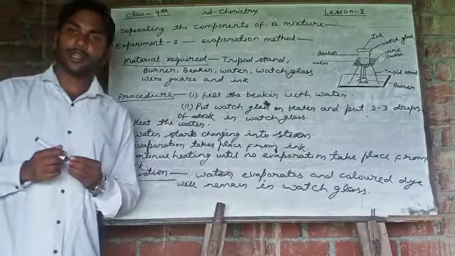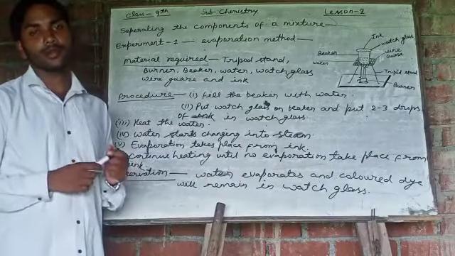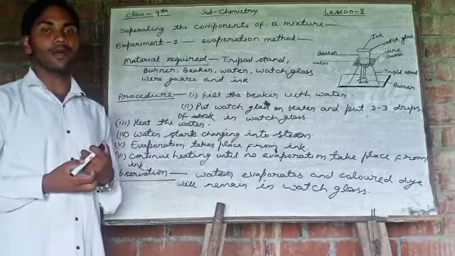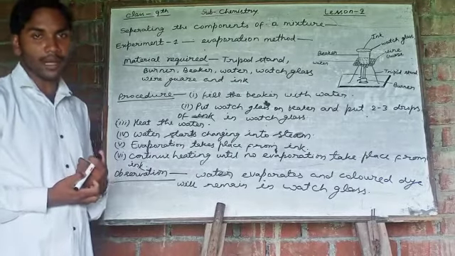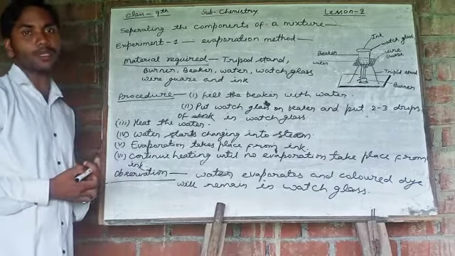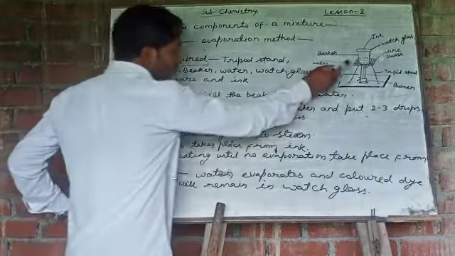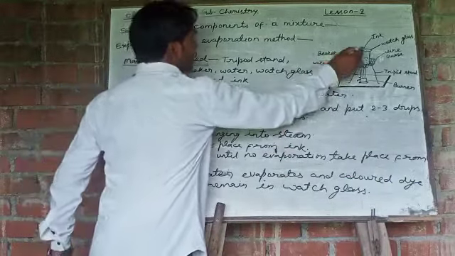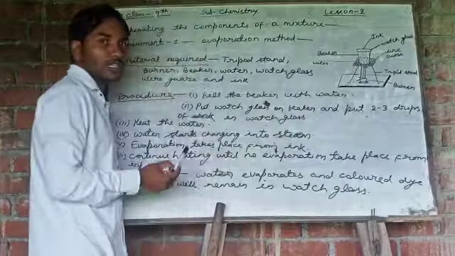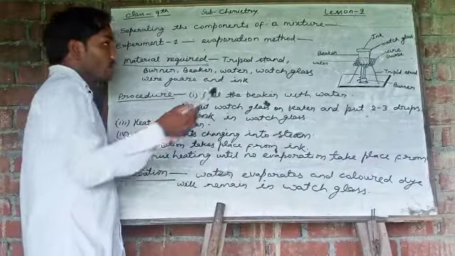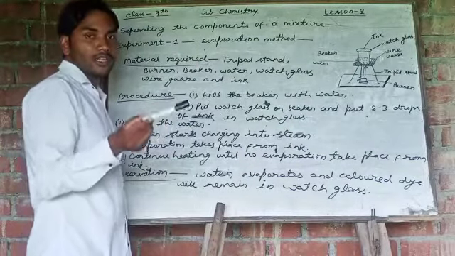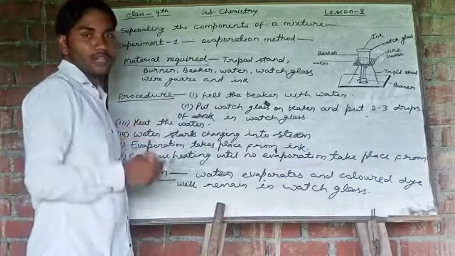This way you can separate color dye from ink by using the evaporation method, which is slow evaporation, because we are heating the water, and from here steam rises and heats the ink, and after that evaporation takes place from the ink, and by evaporation water will evaporate from ink and we will get the color dye.